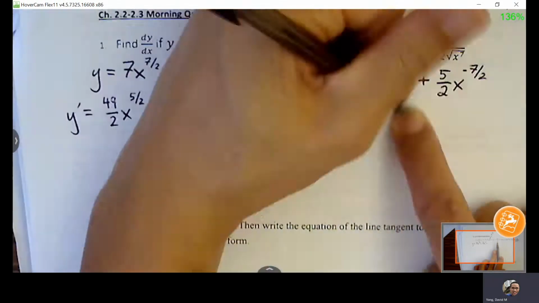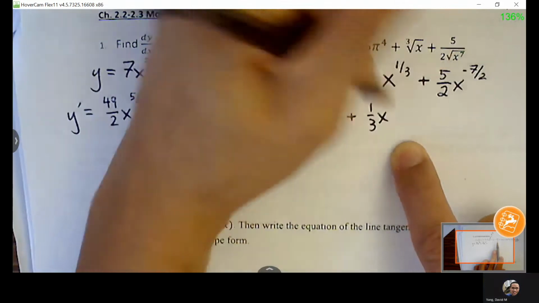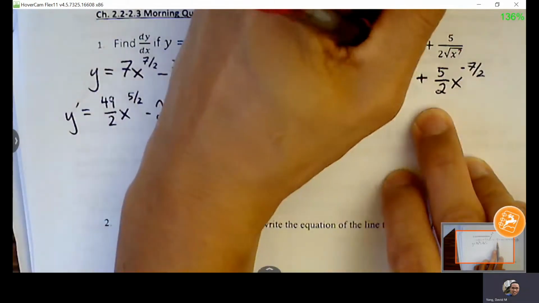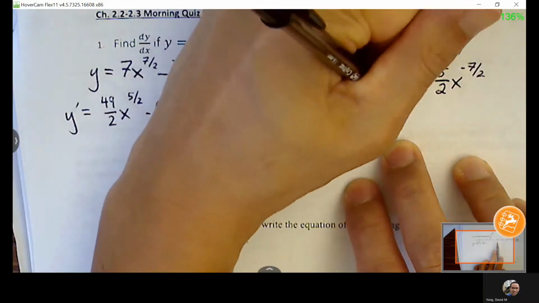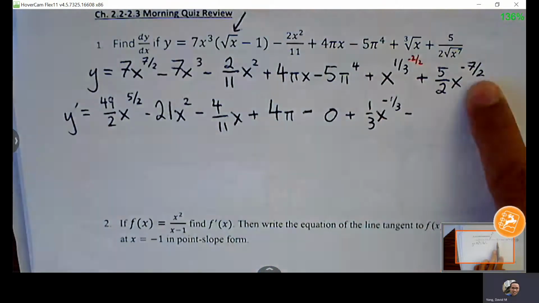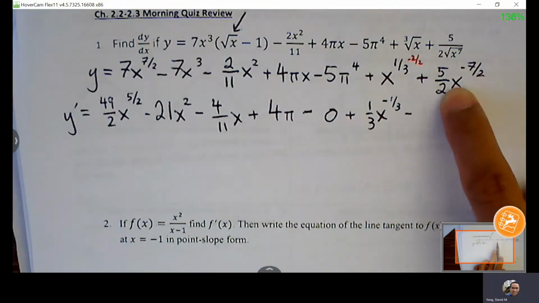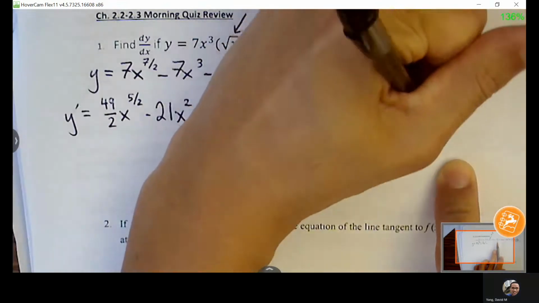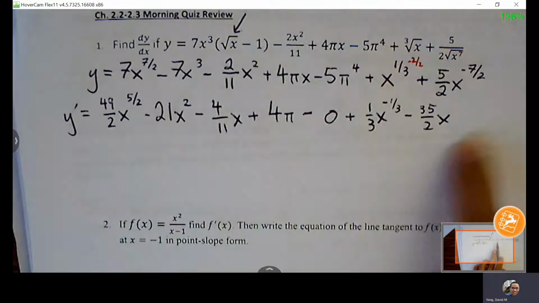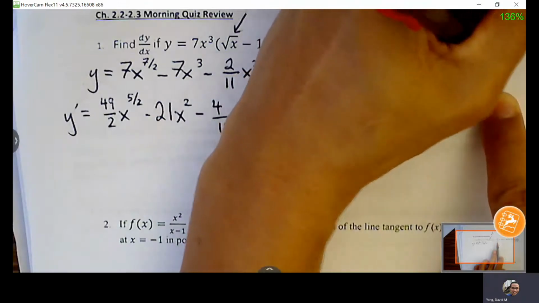Okay, power rule here, bring down the 1/3. Subtract 1 from the exponent, so minus 2 over 2. Bring down the 7 halves. 7 halves times 5 halves is 35 halves. And then we subtract 1 from the exponent, so minus 2 over 4.